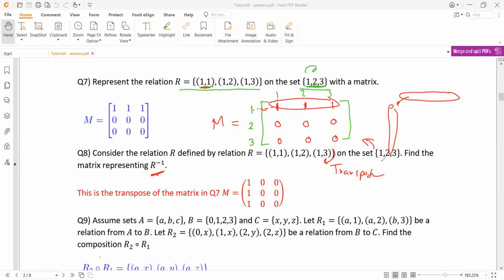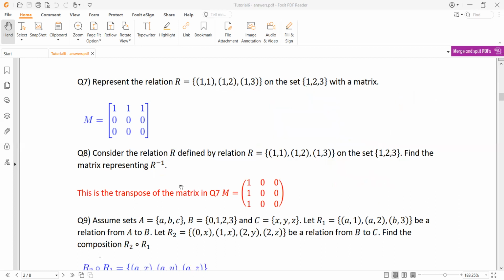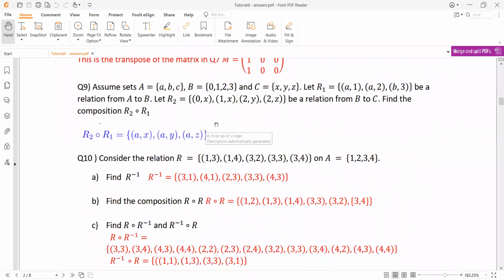So the first row will be the first column, the second row will be the second column, the third row will be the third column. And this is how we represent the inverse of a relation in the matrix representation, if the original relation is given as a matrix. Okay. So now let's go to question number 9.